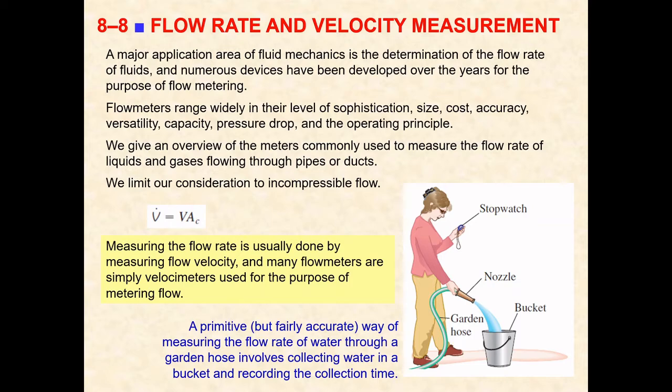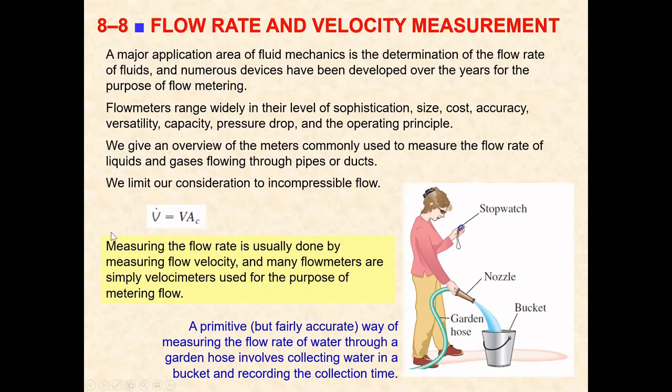That basically means the density of the liquid is constant, and therefore we can change from mass flow rate to volumetric flow rate. So the volumetric flow rate equals the average velocity multiplied by the area of the cross-sectional pipe or duct.